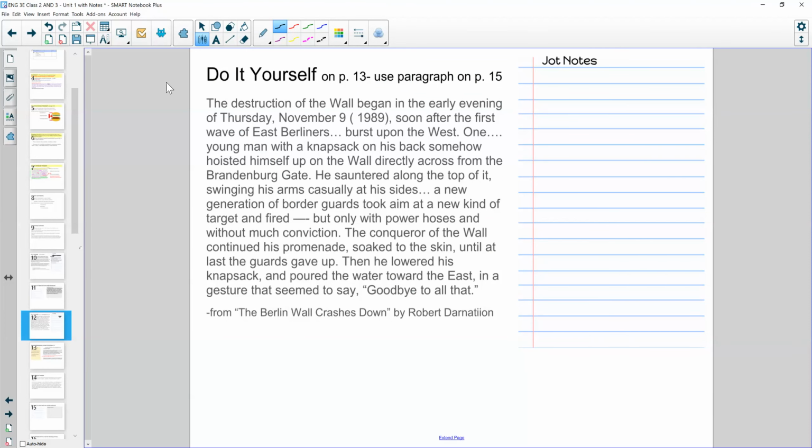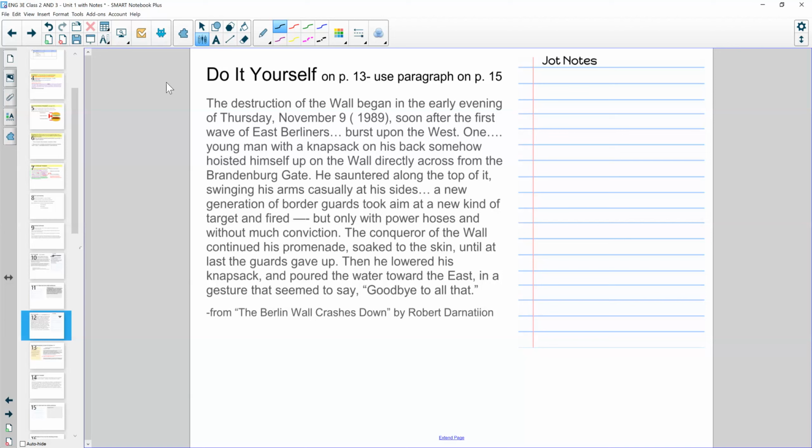A new generation of border guards took aim at a new kind of target and fired, but only with power hoses and without much conviction. The conqueror of the wall continued his promenade, soaked to the skin, until at last the guards gave up. Then he lowered his knapsack and poured the water towards the east, in a gesture that seemed to say goodbye to all that. From the article The Berlin Wall Crashes Down by Robert Ostrander.